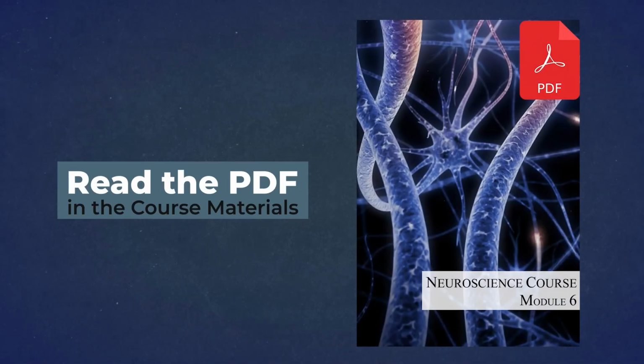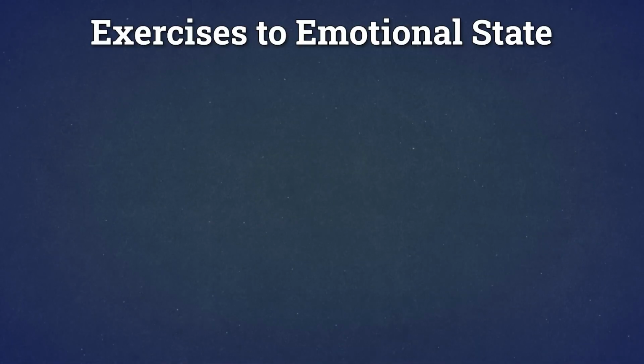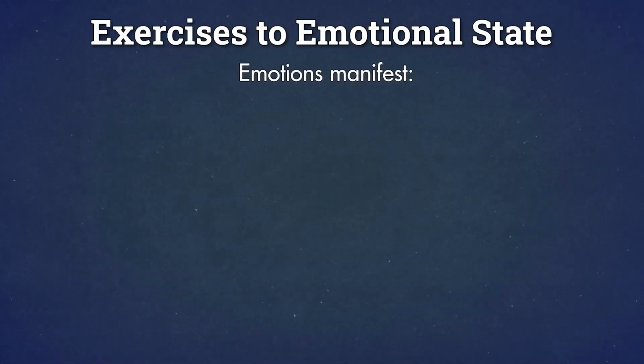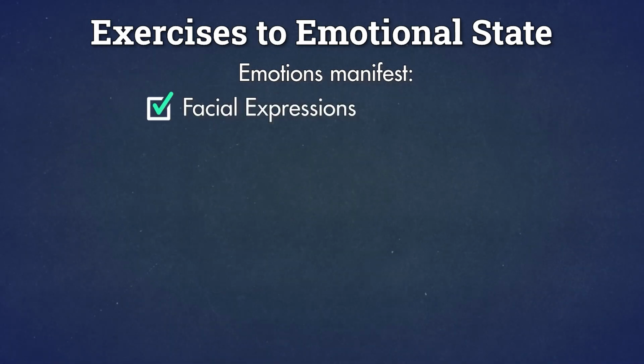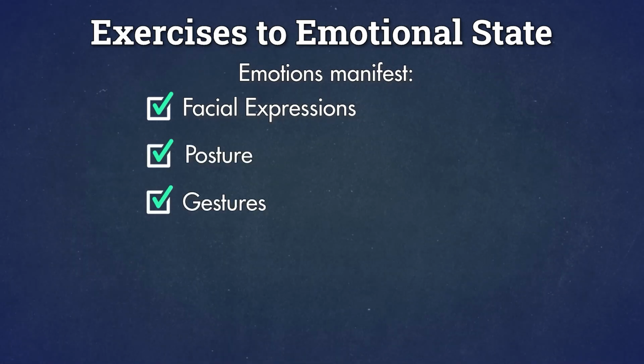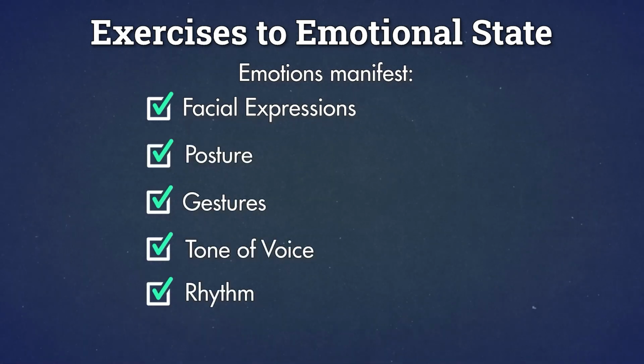Let's end on a positive note with exercises to improve your emotional state. Many of these exercises are presented in your course materials to help you identify your own emotions. Emotions manifest themselves differently in everyone, constituting a non-verbal language that communicates via facial expressions, posture, gestures, tone of voice, rhythm, and volume.